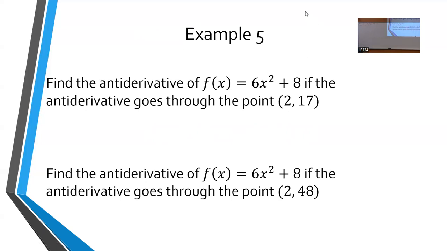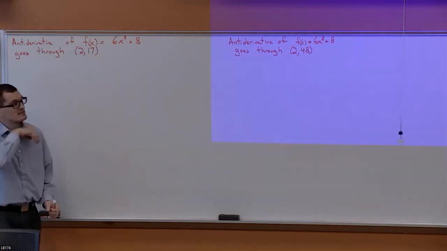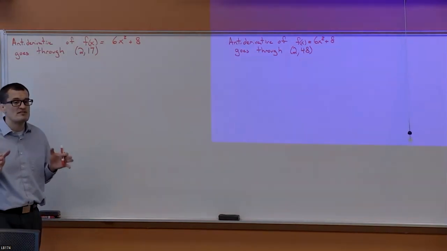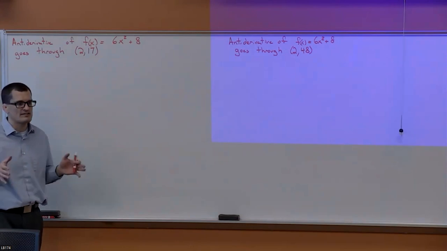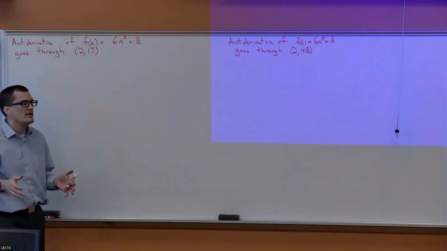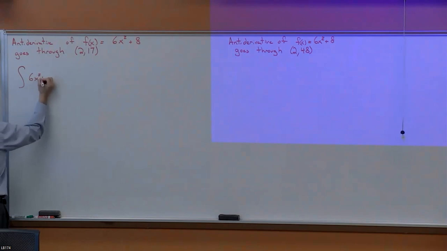Again, I don't know how much of this you did and how much you didn't do in Calc 1. This is not a lot of it, but if you do want to find a specific antiderivative and not a whole class of antiderivatives, then all we have to do is start out by integrating our function.